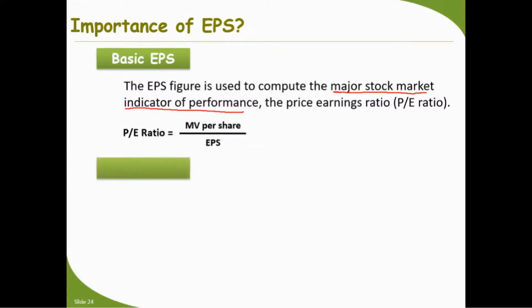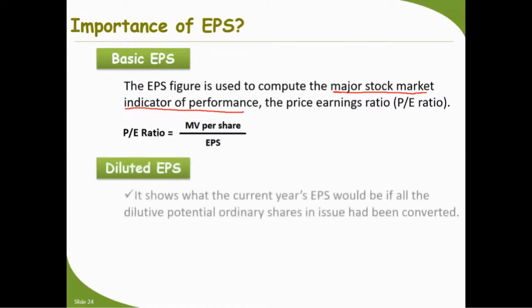So the major importance of EPS is that it is used to calculate your PE ratio. Then diluted EPS. It shows what the current year EPS would be if all the dilutive potential ordinary shares in issue have been converted. So what would be the impact on your EPS if conversion is exercised?